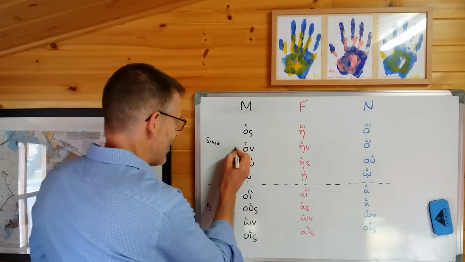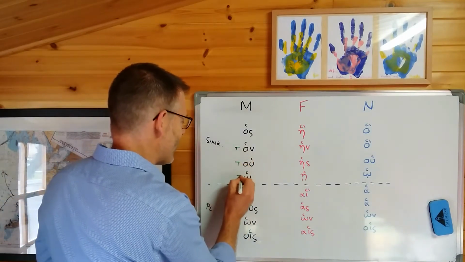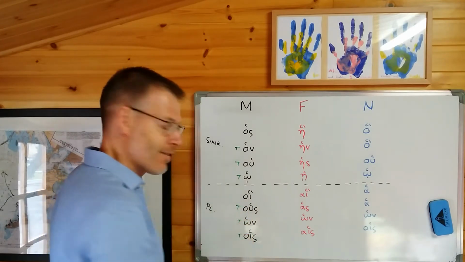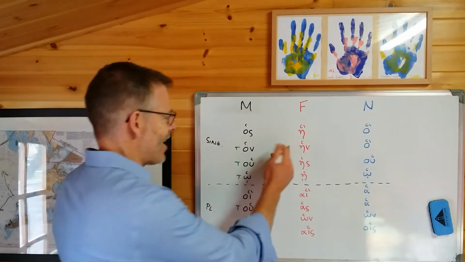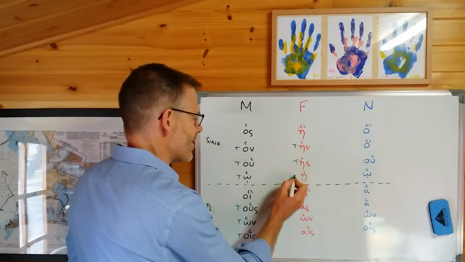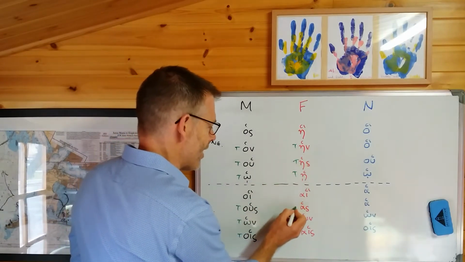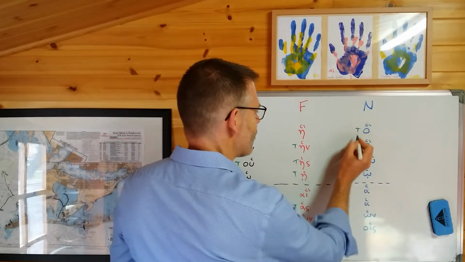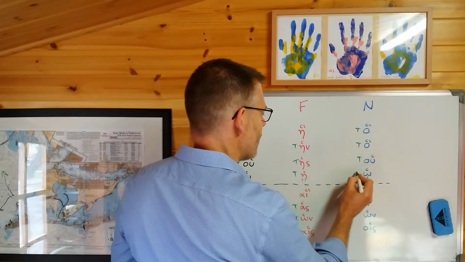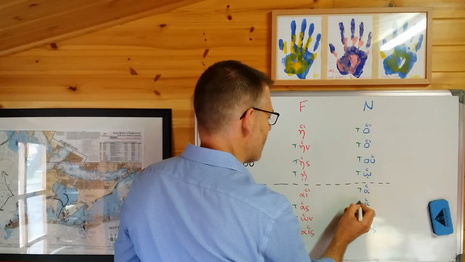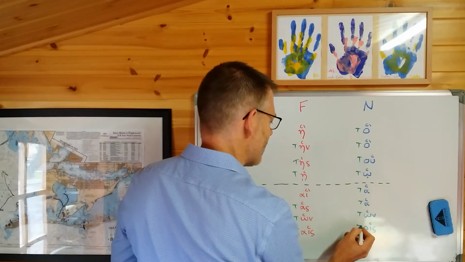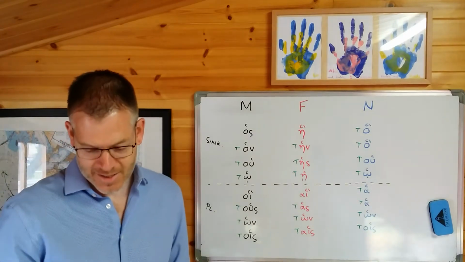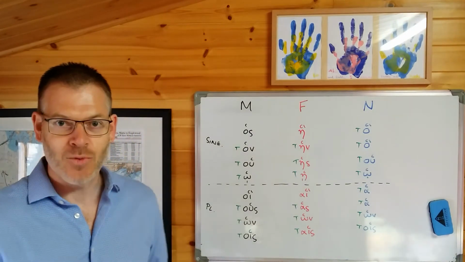Notice, this is what the article would look like, isn't it? Same here. Tên, tês, tê, hai, tas, tôn, tais. And again over here you'd have to, tou, to, ta, tôn, tois.